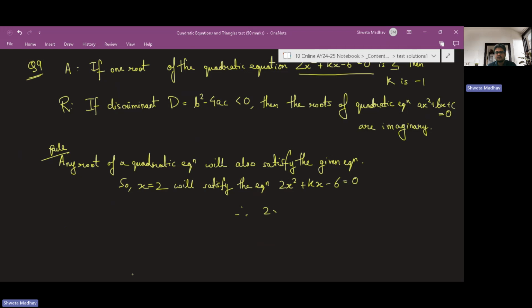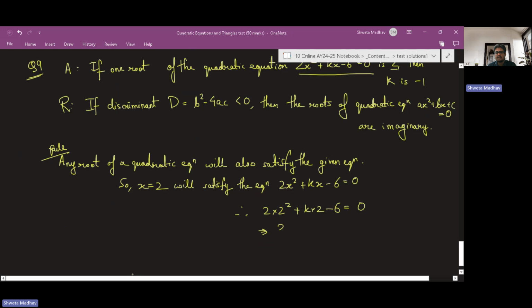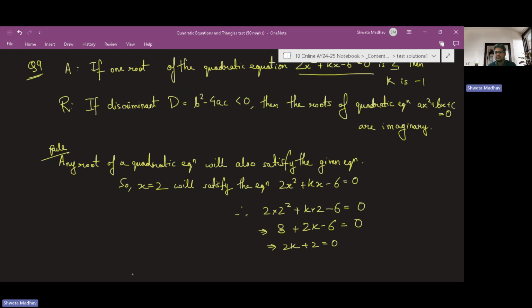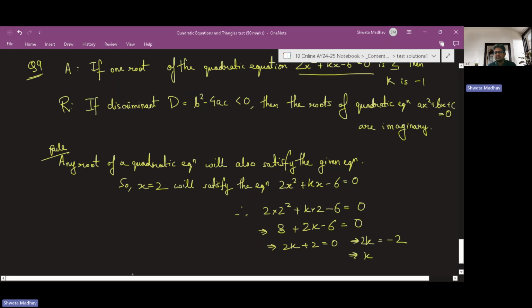Therefore 2 into 2 square plus k into 2 minus 6 is equal to 0. So it means 8 plus 2k minus 6 is equal to 0. So therefore 2k plus 2 is equal to 0. So 2k equal to minus 2. So k is equal to minus 1.